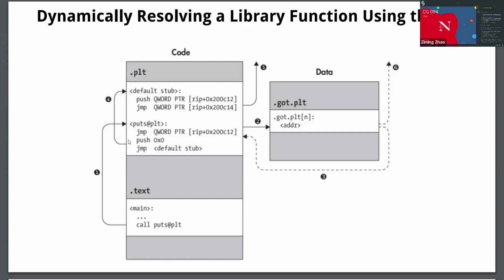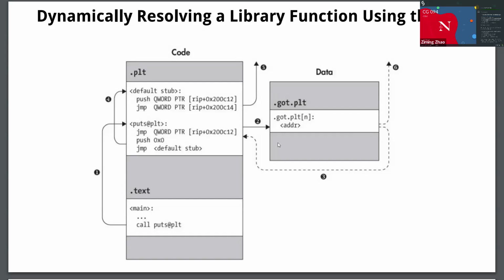So it actually goes to the PLT table, the PLT section. The PLT section has some code, and this code will first try to dereference a table. That table is supposed to have the addresses of library functions.